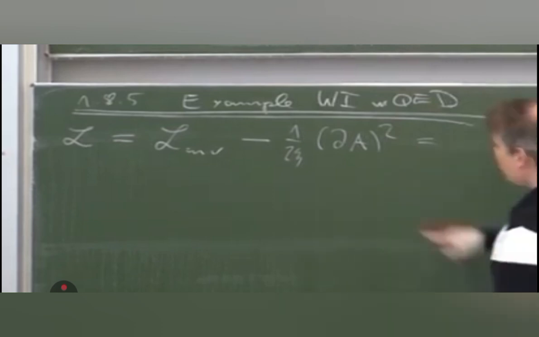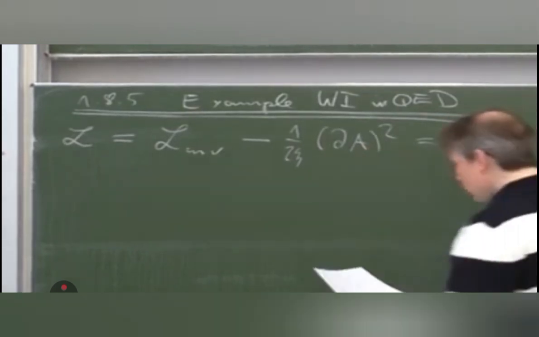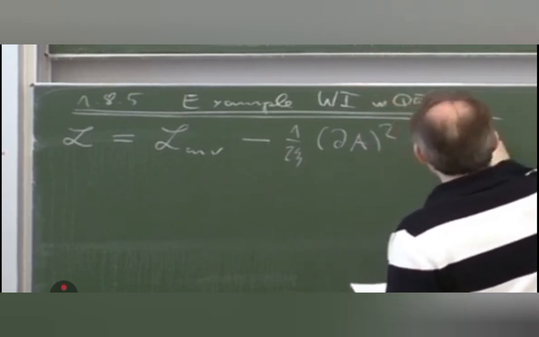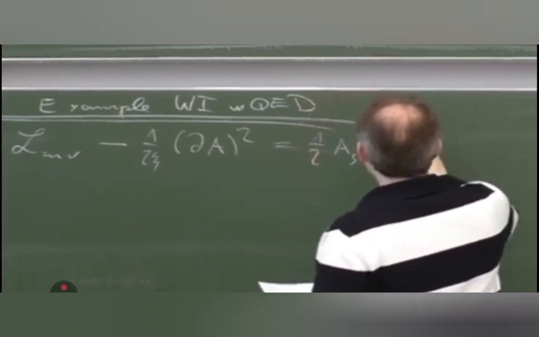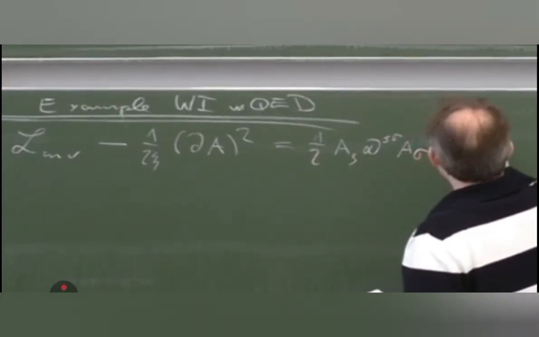It is part of this differential operator which gives rise to the photon propagator. So again, I write the same form as before: 1/2 A^rho D_rho sigma A^sigma plus A^rho j_rho.